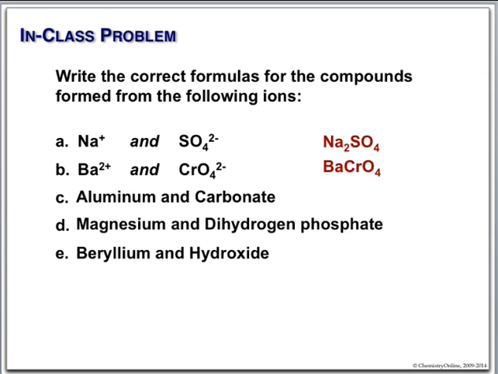Aluminum we know is a +3. Carbonate, CO3, is -2. We could do our little crisscross here, couldn't we? We're going to need 2 aluminums and 3 carbonates. Go ahead and make sure you can write the formula properly using parentheses.